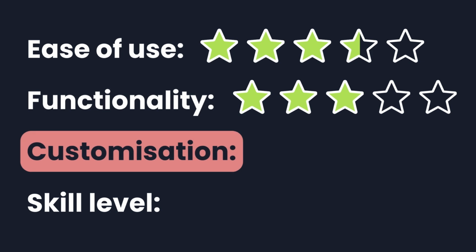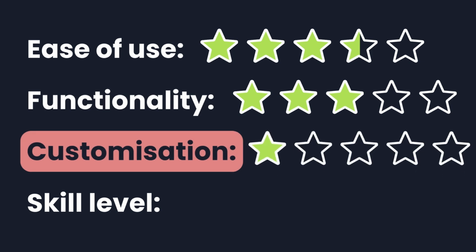Next, we have customization. And again, this is another tricky one because you don't get tons of customization in terms of the states and stuff like that. But what you do have access to, you can customize quite well.